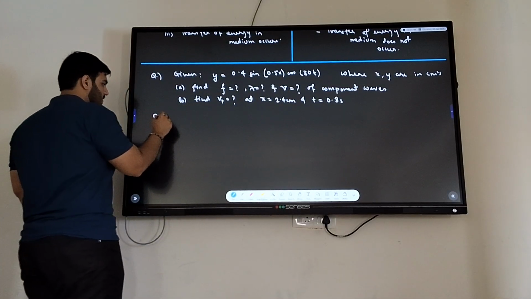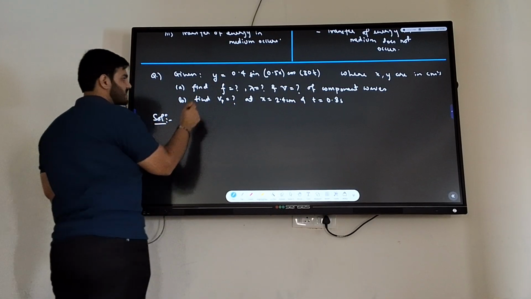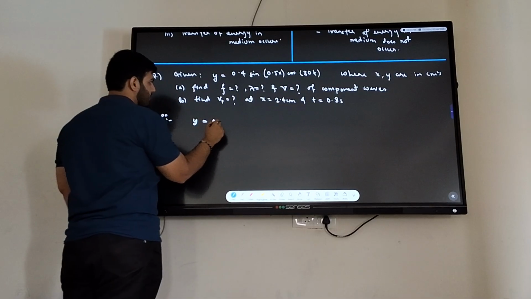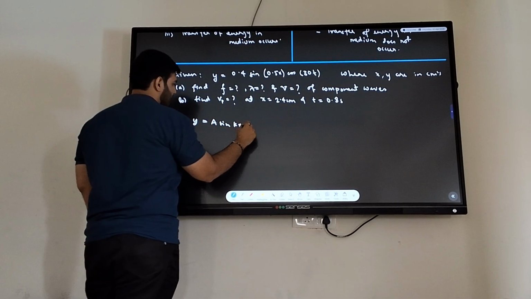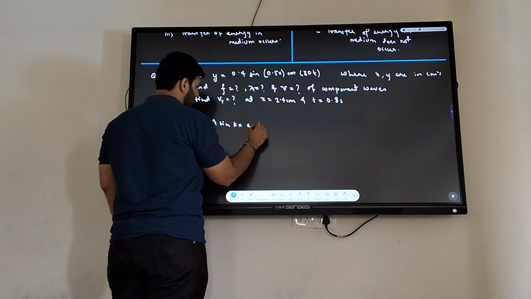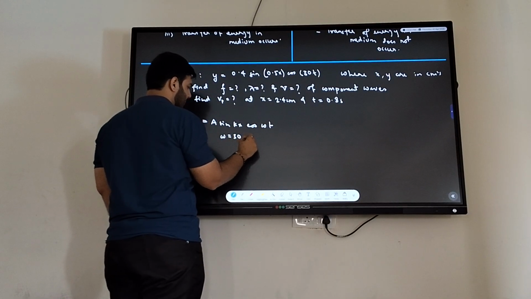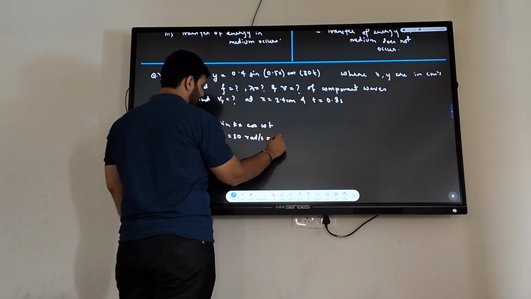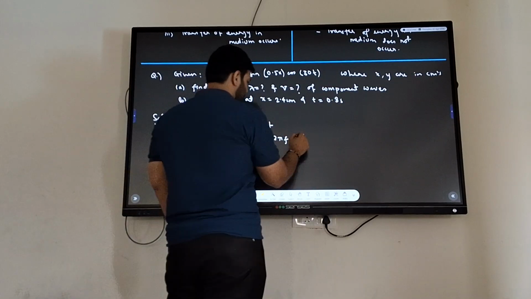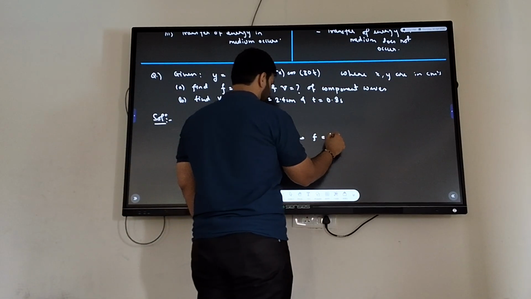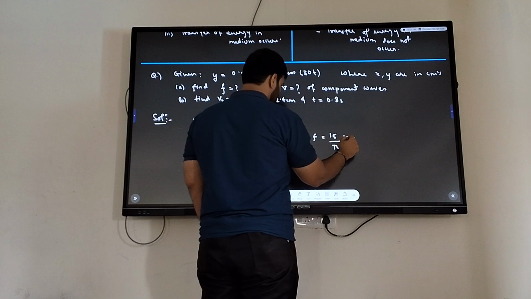They are asking about the frequency, but I think this relation looks like A sin kx cos omega t, no? Yes. Then what is omega given to be? 30 radians per second. That's 2 pi f, then what is that? 15 by pi.